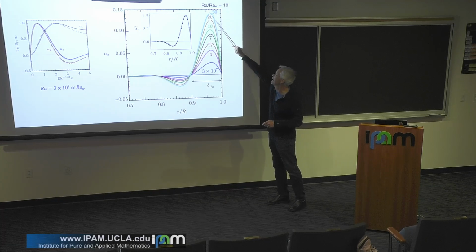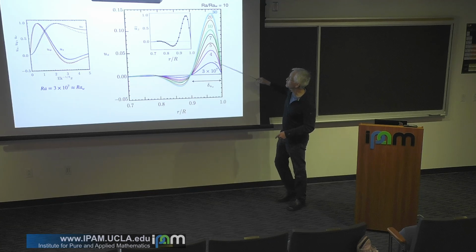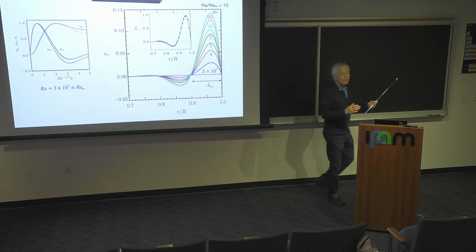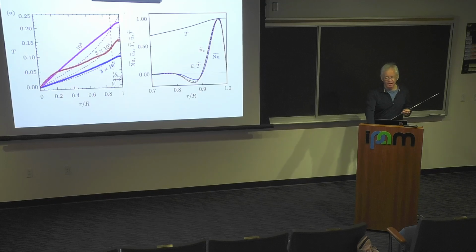That's a Rayleigh over Rayleigh wall of 10. Over that entire range, you can scale these onto one curve, and they fit almost exactly to the Busse eigenfunction. Who knows why? You expect the eigenfunction only to be good in the linear limit of small amplitude, but it works over a range of Rayleigh over Rayleigh wall of 10.